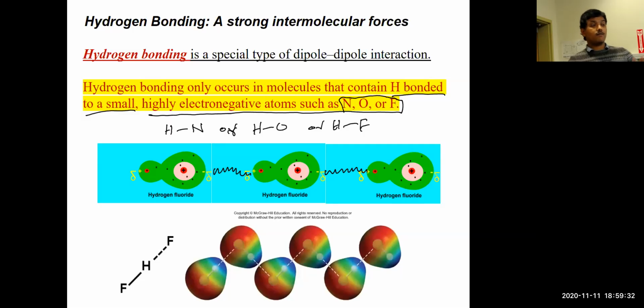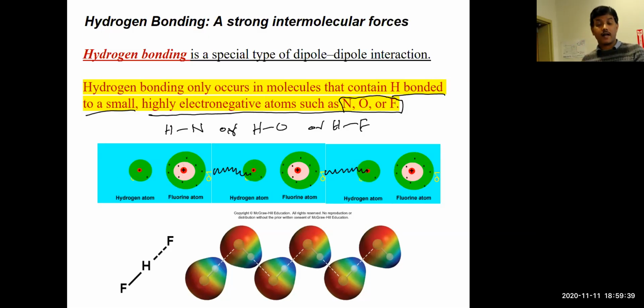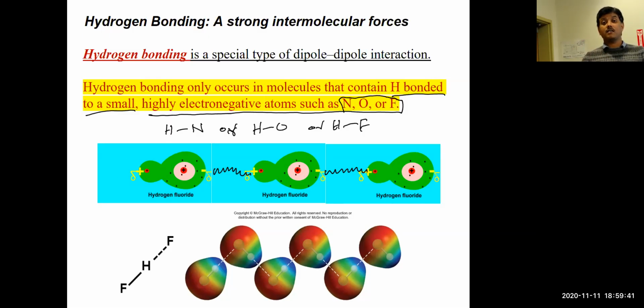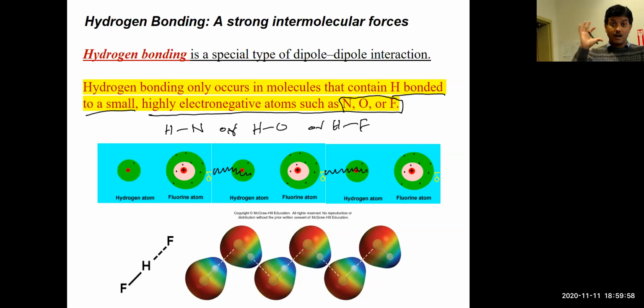It is just another way of looking at things. Again, a hydrogen bond is a type of dipole-dipole interaction and is only seen when hydrogen is directly connected to nitrogen, oxygen, or fluorine. Why is that? When hydrogen is connected to one of these three atoms, the electronegativity difference between the two atoms in the bond is really large.